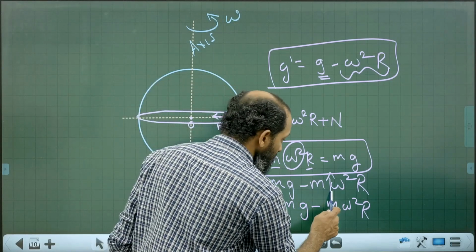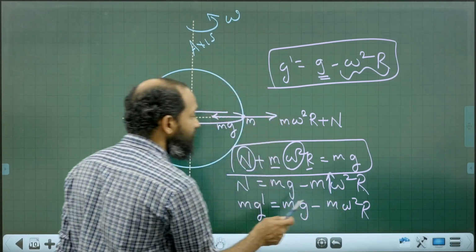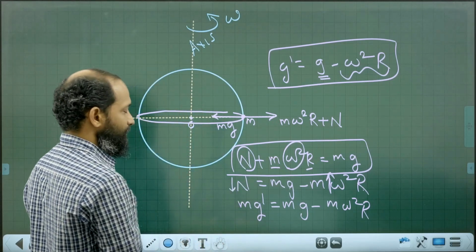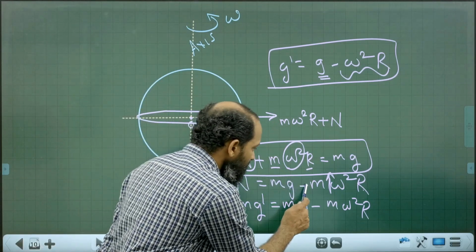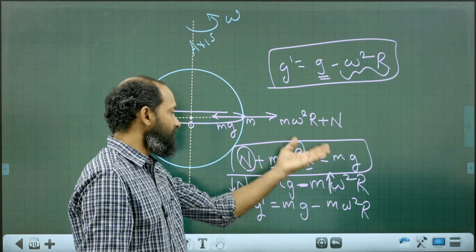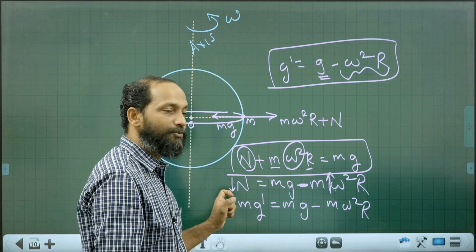But if omega, the average angular speed of Earth, increases, then N would decrease because of the minus sign. So when the average angular speed of Earth increases, N decreases and it becomes 0.